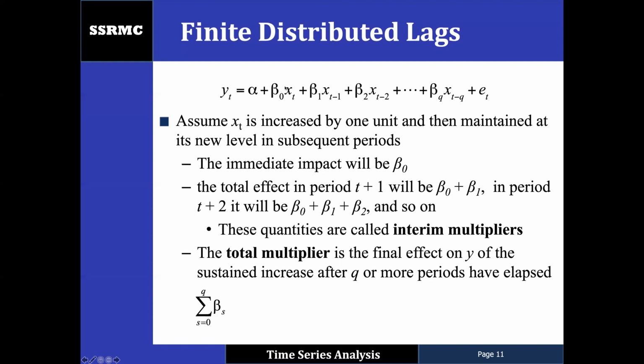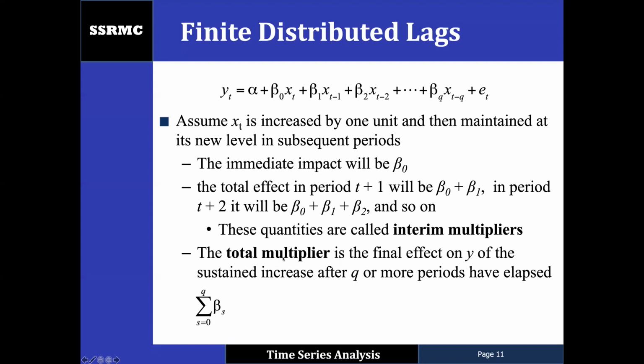That's from the current period, and that's from the last period. And when we step into period t plus 2, the total effect from x will be beta naught, beta 1, and beta 2, and so on. Those quantities are called interim multipliers, anything before the end of the q period, before the effect of x actually disappears.